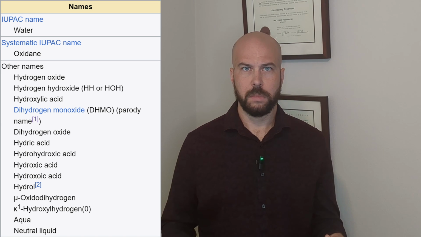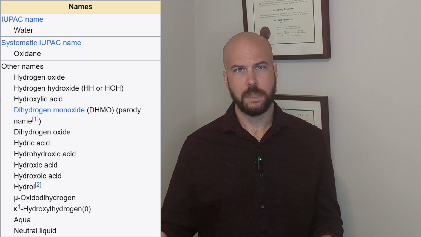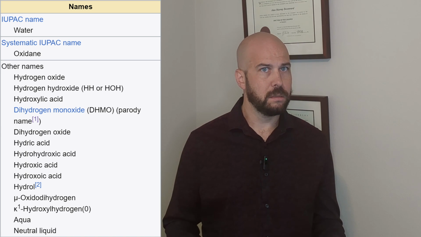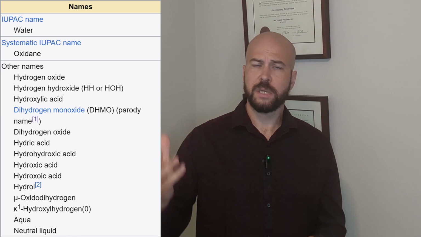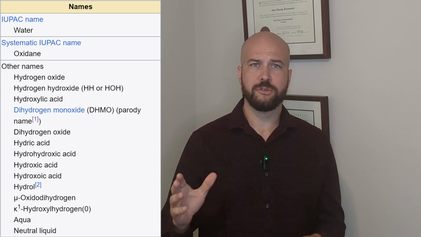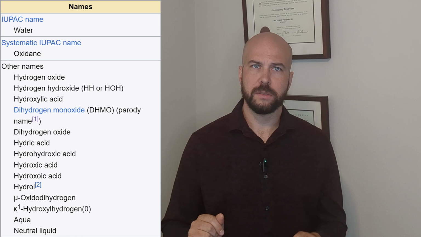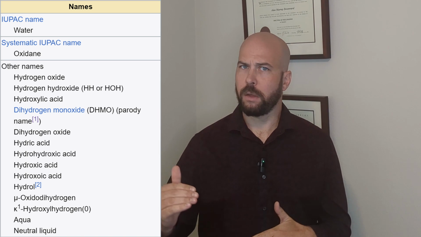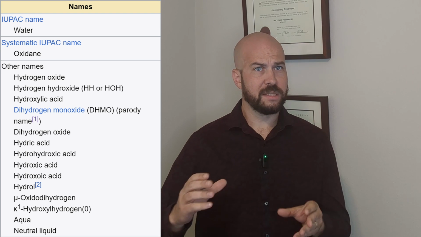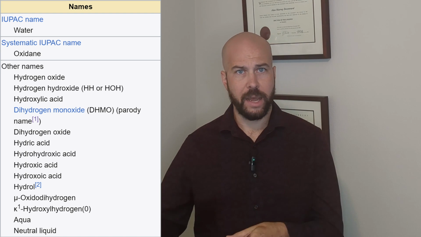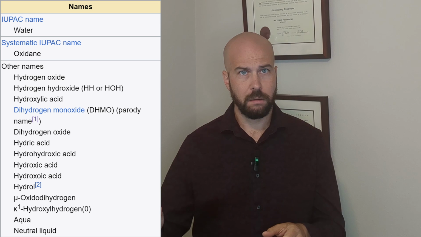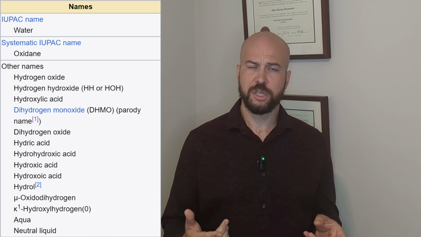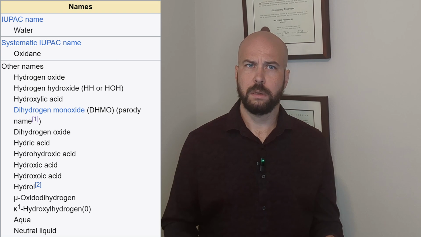We'll also see hydrogen hydroxide, dihydrogen oxide, hydroxyic acid, and up at the top, we see two entries that are separate to the others. These entries have IUPAC written on them. One of them says IUPAC systematic name, which is oxidane, and the other says IUPAC name, which is water.